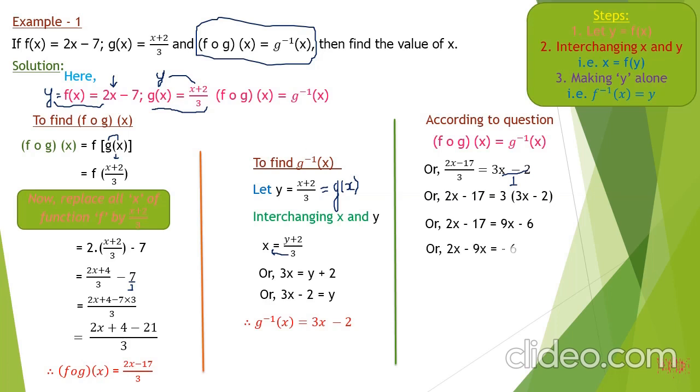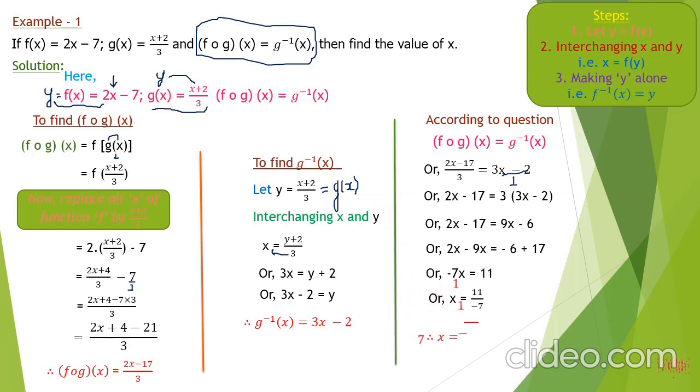We have to bring the 9x to the left hand side because like terms must be kept on the same side, and other like terms on the other side. So numbers on the right hand side, terms with variable on the left hand side, that is minus 7x is equal to 11, and the answer is x is equal to 11 by minus 7.